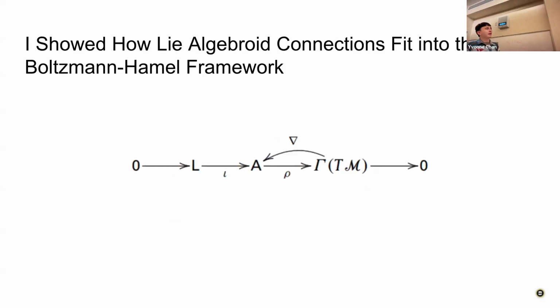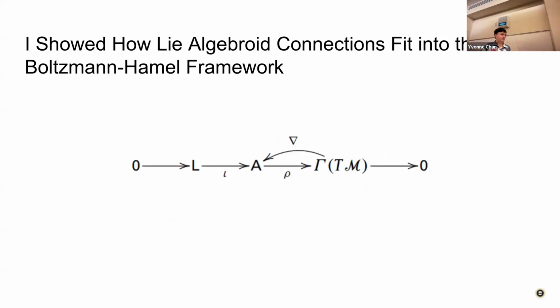And so what I did with this is I showed how something called a connection on the Lie algebroid fits into the Boltzmann-Hamel framework. A connection on a Lie algebroid, or a connection in general in mathematics, is something that can split your tangent bundle into two separate distinct pieces, or sections.